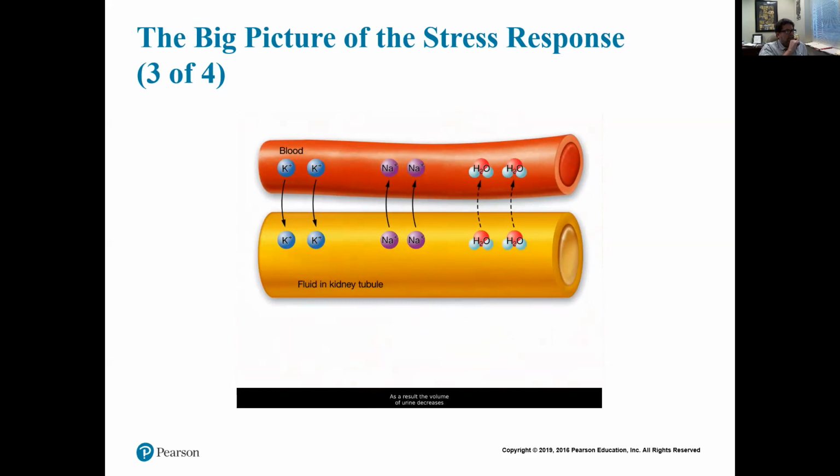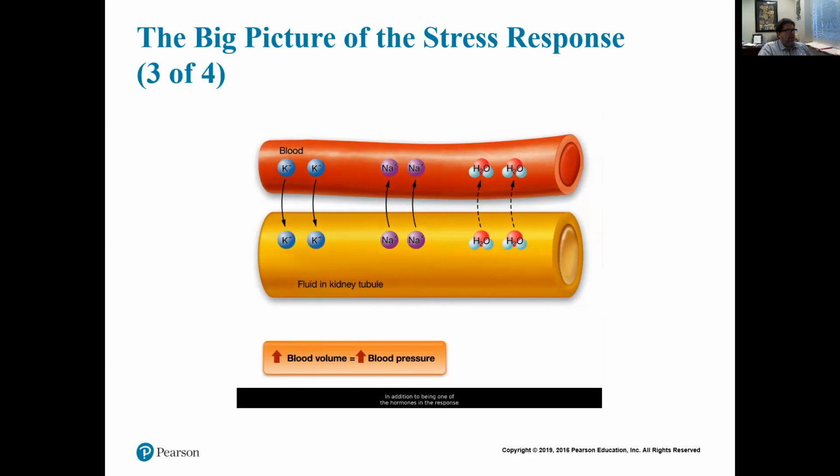As a result, the volume of urine decreases and blood volume increases, just like ADH. Blood volume is one of the key factors that determines blood pressure. An increase in aldosterone can lead to an increase in blood volume, which can increase blood pressure. This ensures that enough blood goes to our tissues to meet their needs as they respond to stress.